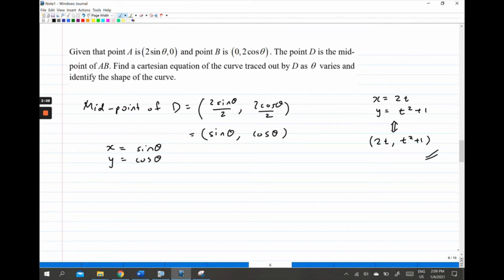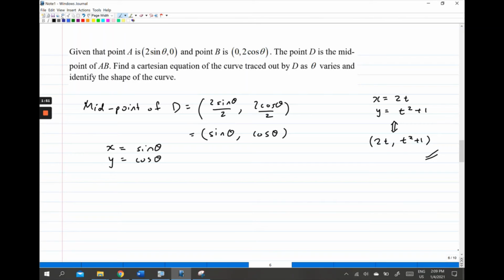Just to share with you some tricks here. If you are looking at your x and y in parametric form, controlled by trigo, sine and cosine in this case, you can try to activate some of your previous knowledge about your trigonometric identity.